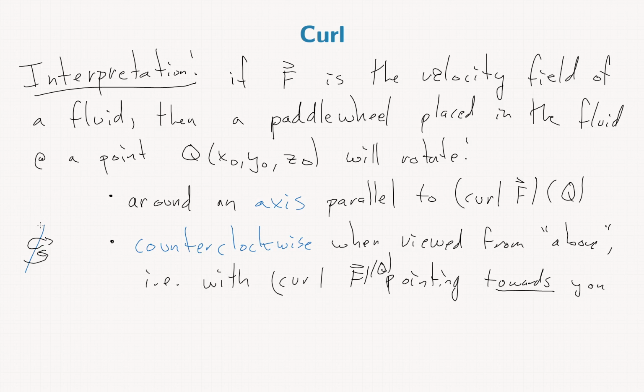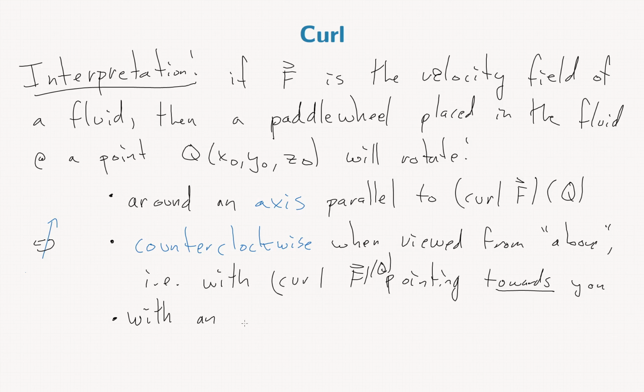So if the vector is pointing this way, then the rotation will be counterclockwise like this. And so far, this is what the direction of the curl vector is telling us.